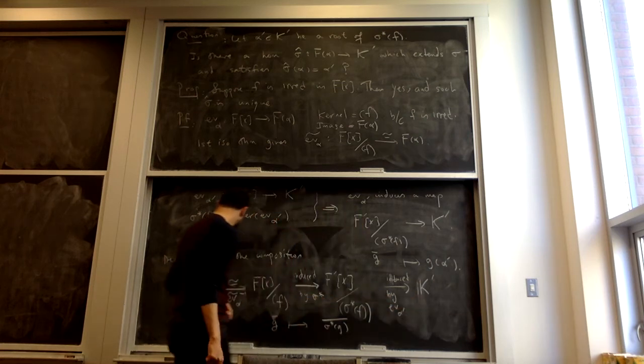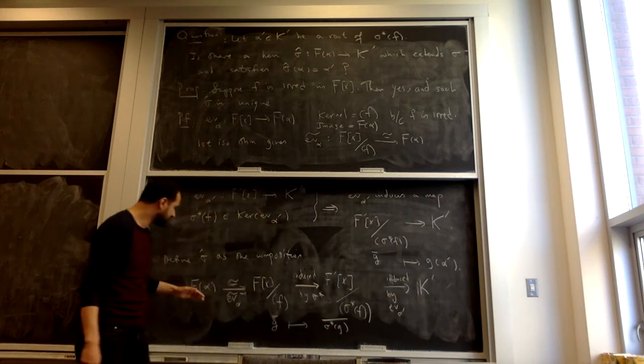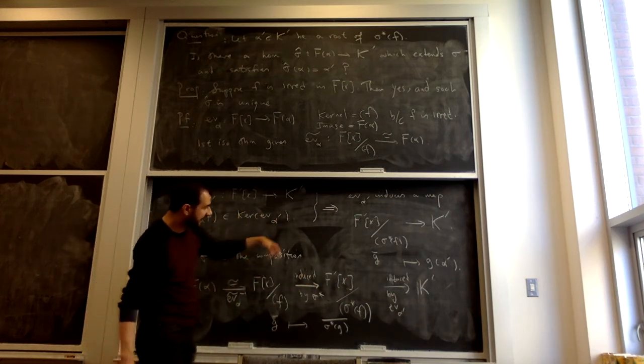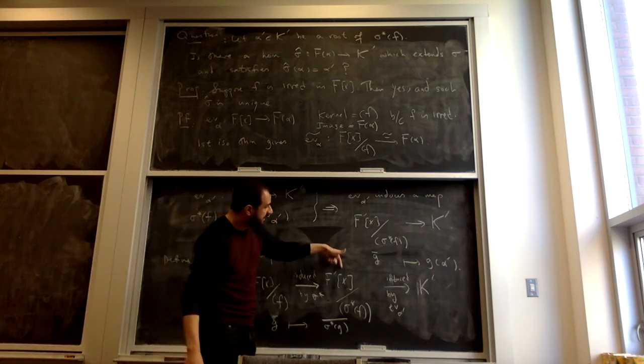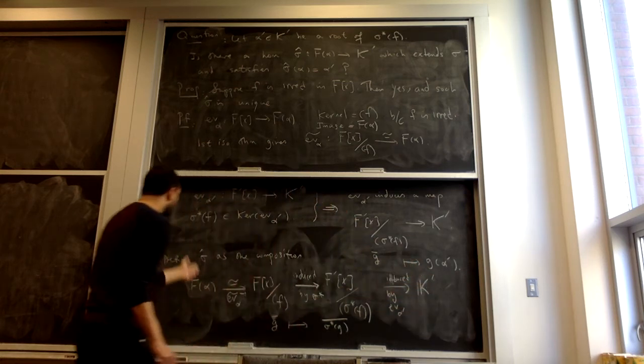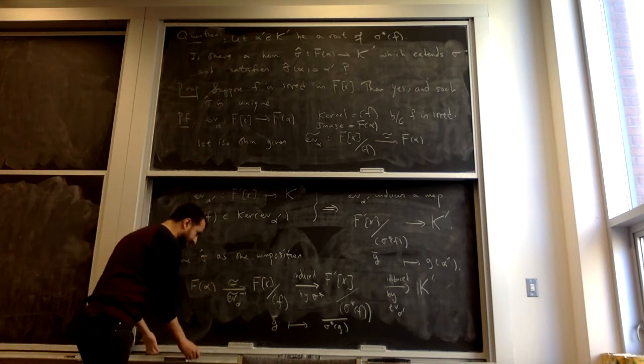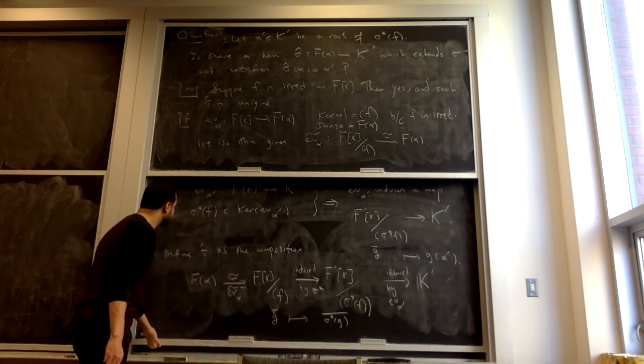So the composition sends alpha to alpha prime. So in short, it sends alpha to the image of x, and then alpha prime. So both requirements are indeed satisfied. The sigma hat does satisfy the properties that we're looking for. So that takes care of existence.